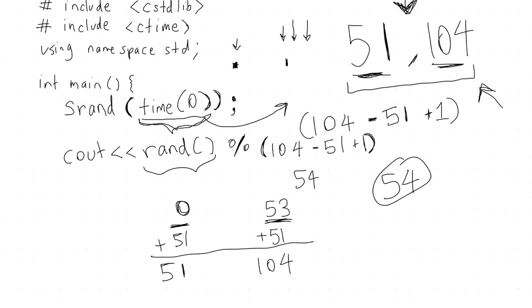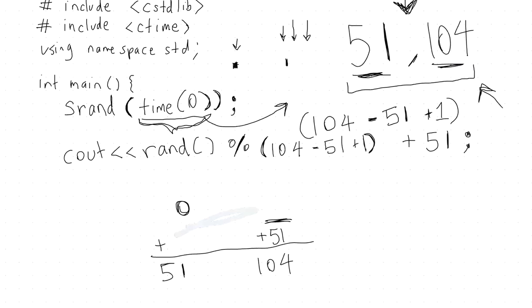That guarantees that when you run this program, you get a random number between 51 and 104. I'll show you also why this works.